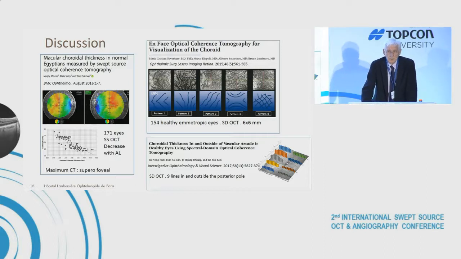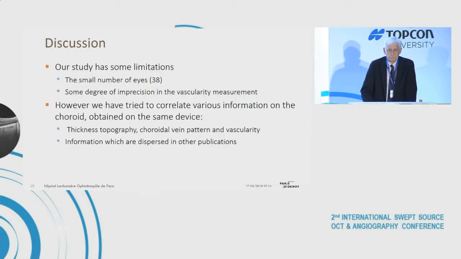And finally, there is an interesting paper by Maria Cristina Savastano and Bruno Lumbroso trying to classify the organization of the pattern of the choroidal veins in different typical aspects. And they've shown, quite like us, that the symmetric pattern was found in only 50% of cases.